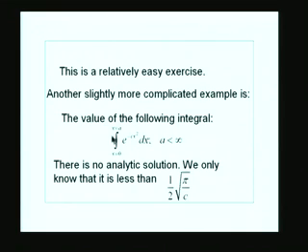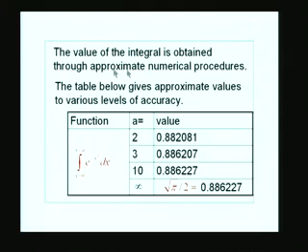Now let us try and find out how closely this integral approximates as a increases to very large values and eventually to infinity. So here is a table which gives you the numerical value for the same integral with c equal to 1, exponential of minus x square dx.